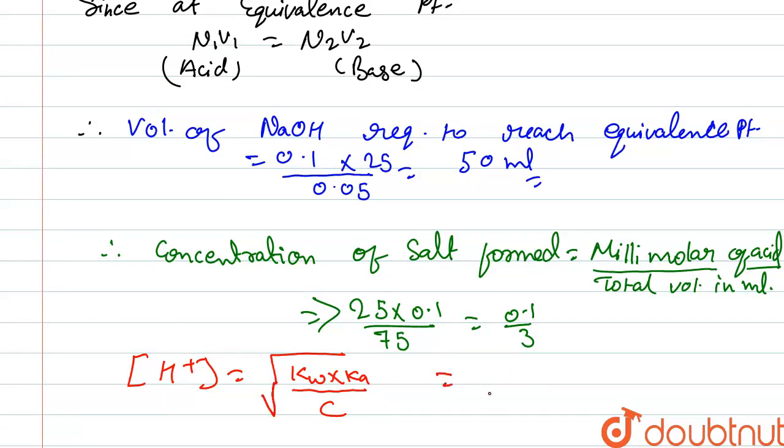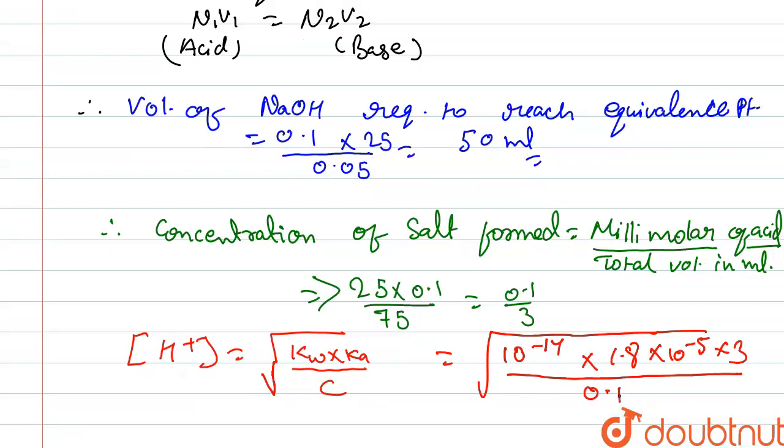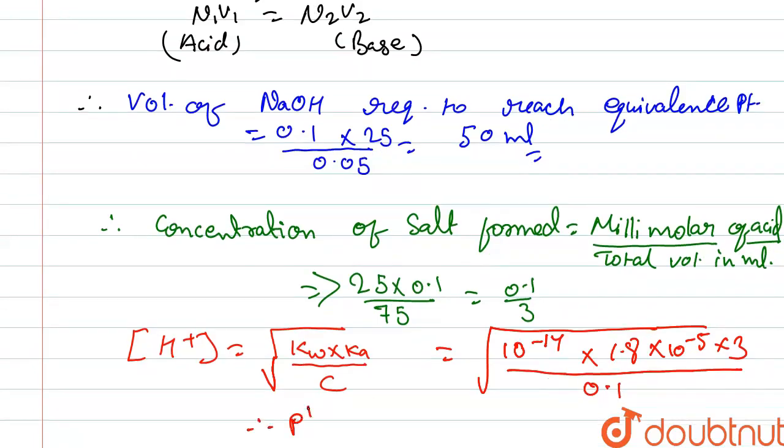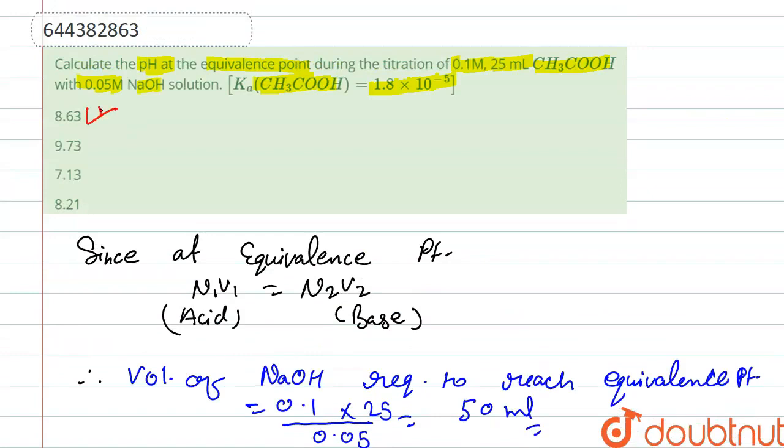So which is equal to 10 to the power minus 14 for water into given value for Ka, that is 1.8 into 10 to the power minus 5 into 3 upon 0.1. So from here we find the value of pH, that is 8.63, right? So coming to our options, our first option is correct.